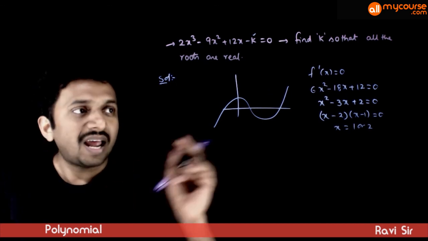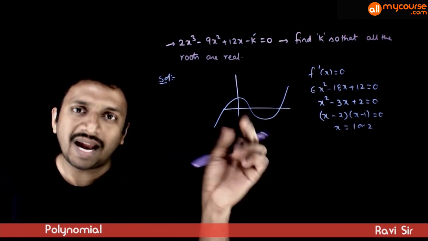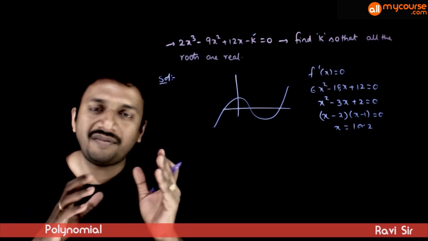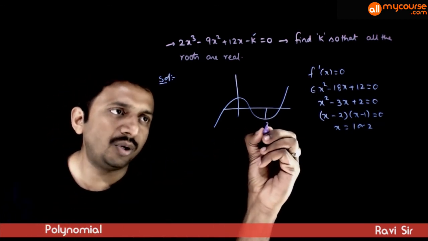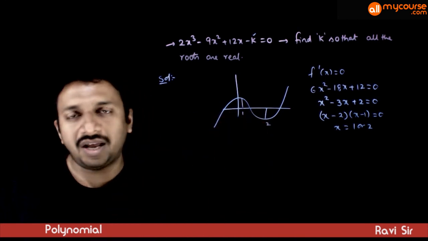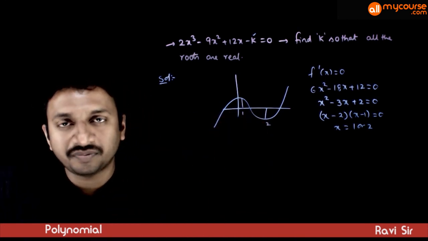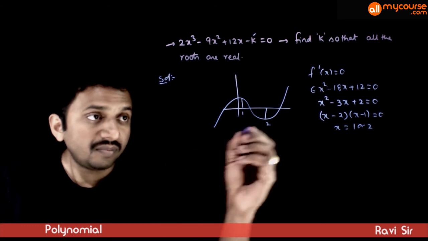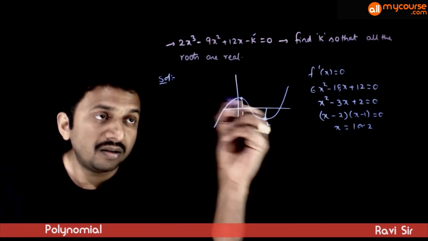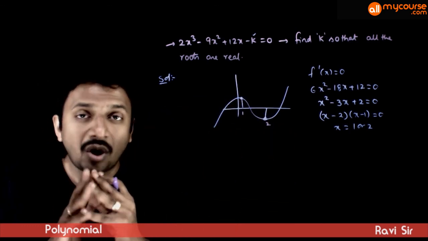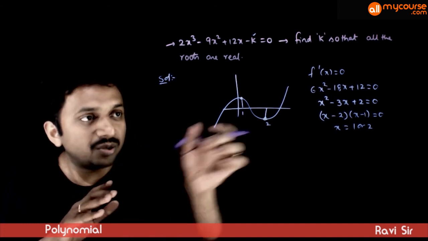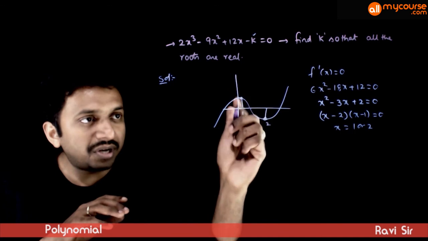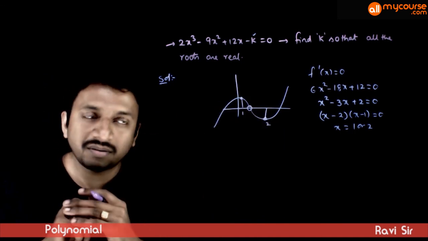That means at x is equal to 1 and at x is equal to 2, f dash of x is equal to 0. Now, what should happen if all the 3 roots have to be real? So between these two, you should have one real root, right?